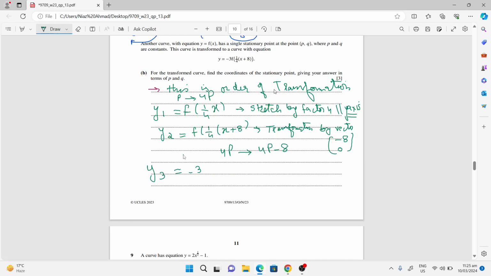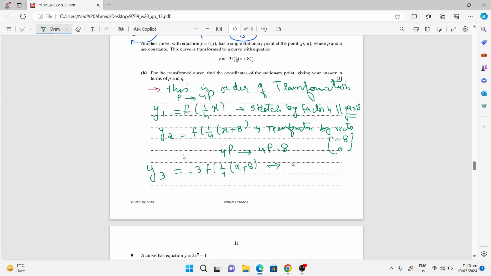Students write the transformations correctly, but they ignore the order. If they ignore the order, then they will be in a problem. So negative 3 times the function that is given, and it is 1 by 4 of x plus 8. So you can say here we are observing the transformation.